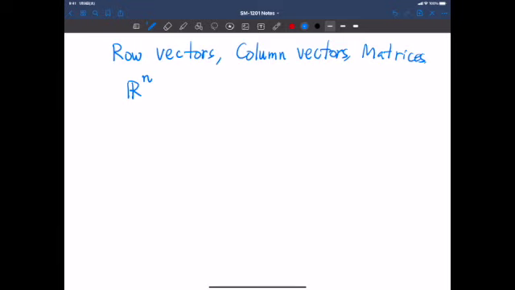Okay, and let's define a row vector, an n-dimensional row vector, which is an ordered set of n real numbers. So this is called a row vector because the n numbers are arranged in a row.